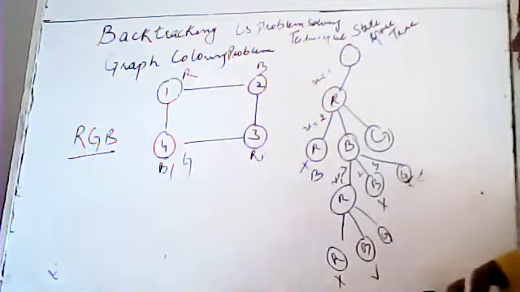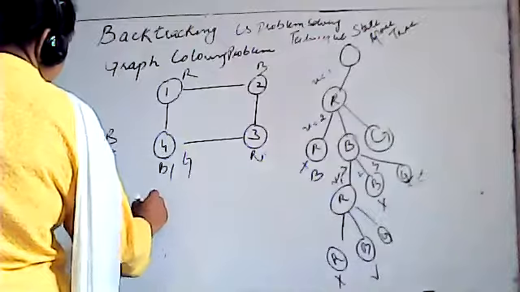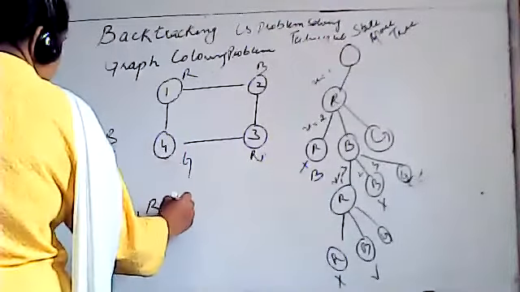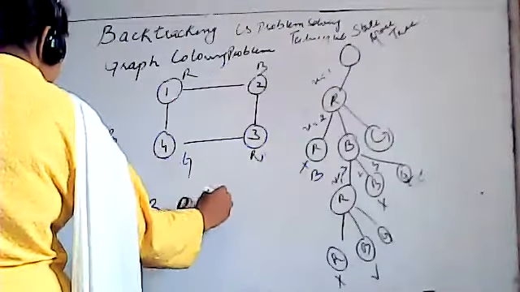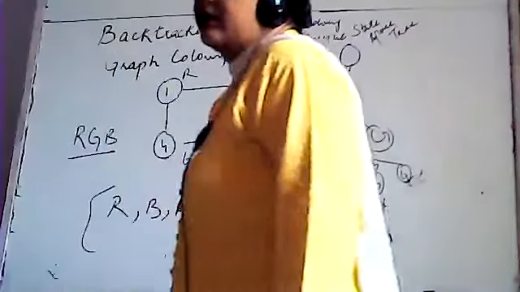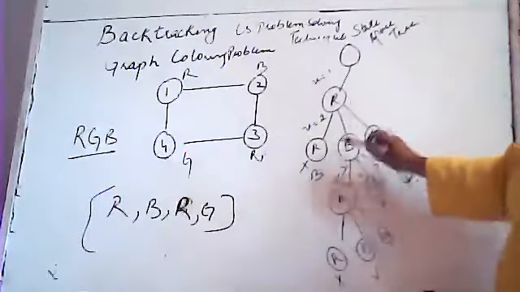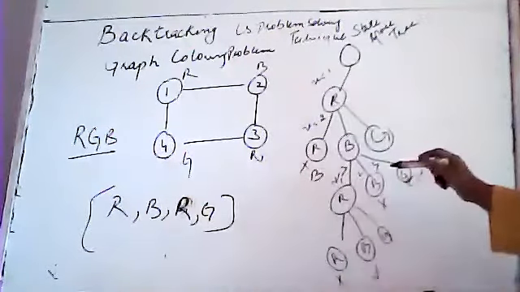Okay, so what would be my solution? The first solution will be red, blue, red, green. This could be one solution. Node number 1 you have given red, then for node number 2 you cannot give red because they are directly connected, so you can give blue.